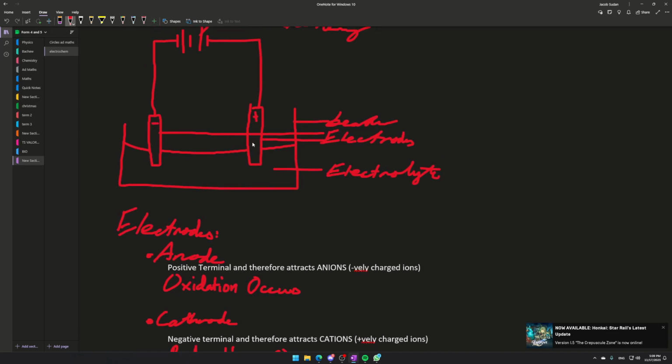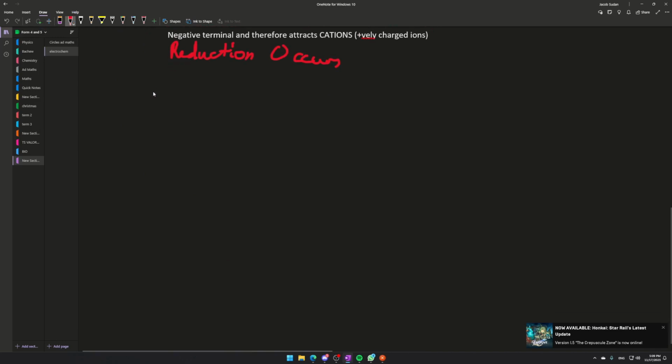It flows from the anode to the cathode, so like this. Therefore the electrons move from up here through this all the way down to here. That's the direction in which electricity moves. I don't think you need to know that for CSEC, but it's good to know.